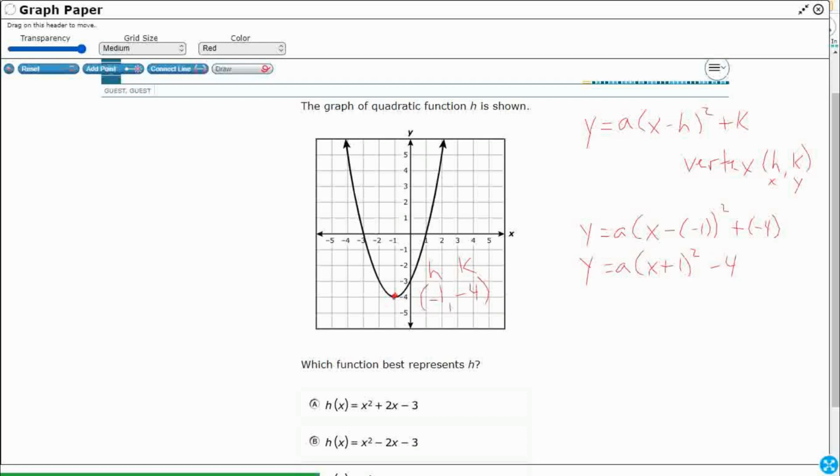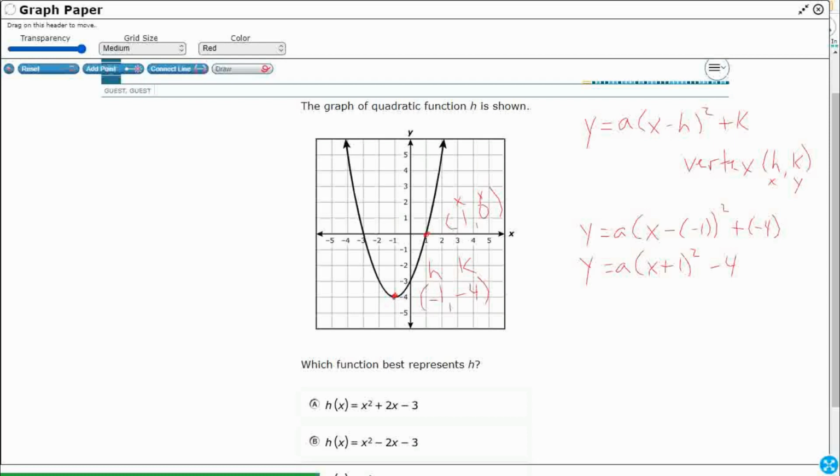That doesn't quite help me yet. Now I need an x and a y. I can choose either one. Let's go right here. This is one of our zeros, or one of our solutions. It's got an x of 1 and a y of 0. All you need is any point on this particular graph, but if you can get a 0 in there and a 1, that makes things really simple.